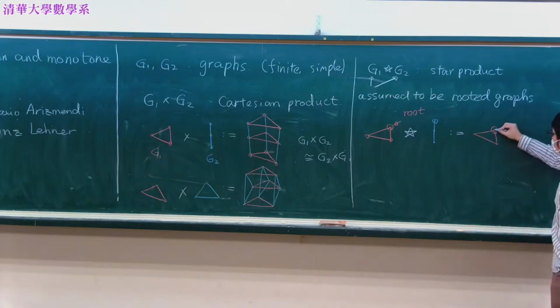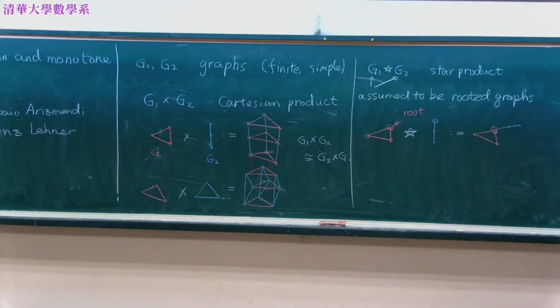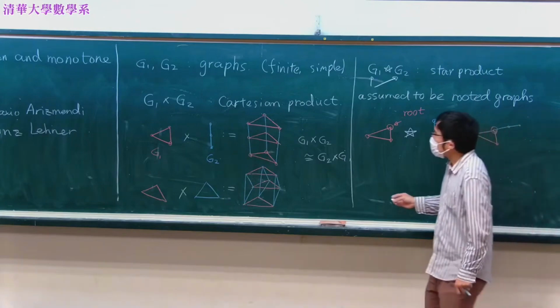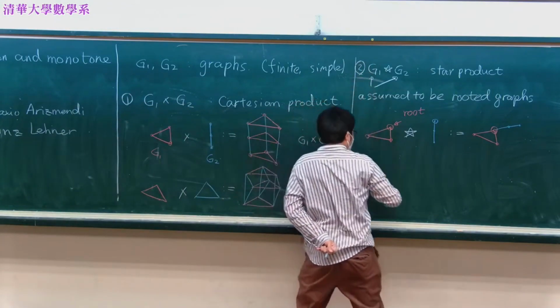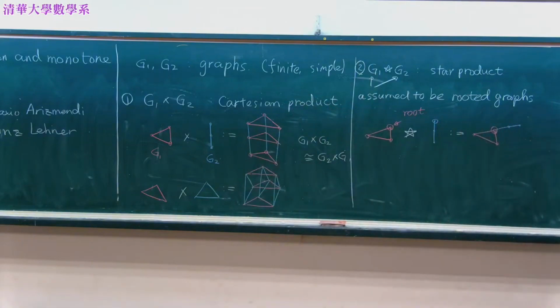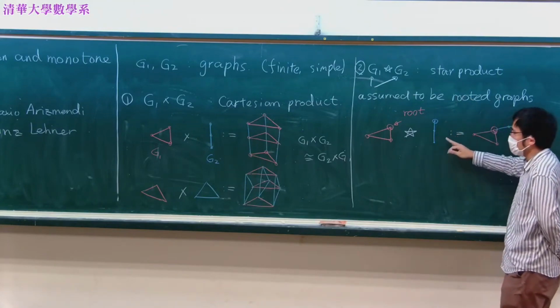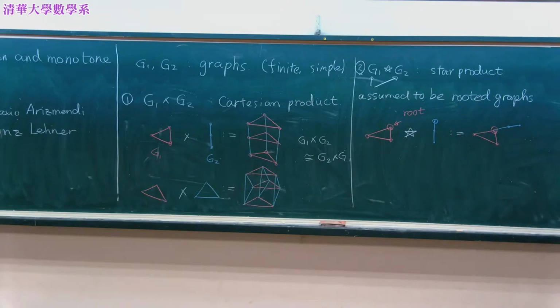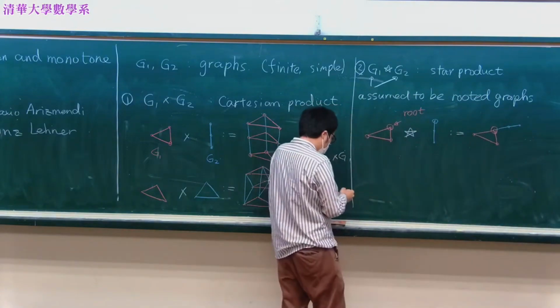It's also easy to check that this is an associative operation and also commutative in, say, the category of rooted graphs. This is perhaps the simplest graph product.